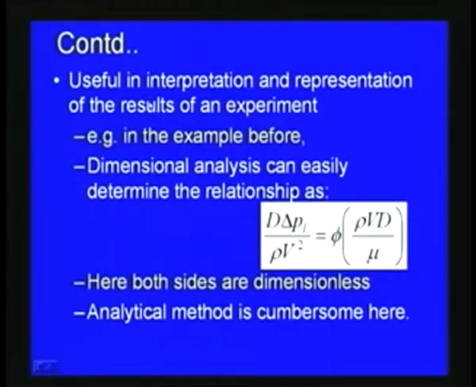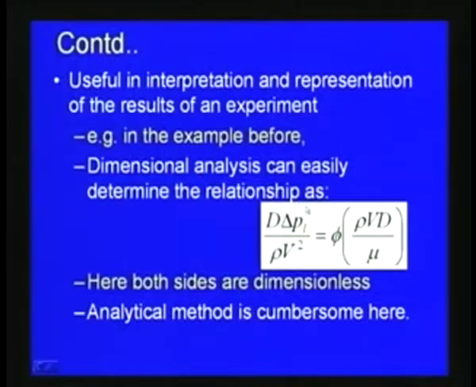Once we have listed the various variables or parameters, dimensional analysis is useful in the interpretation and representation of the results of an experiment. For example, in the previous problem, through dimensional analysis we can show that d delta P by L divided by rho V square is a function of rho V d by mu, where rho V d by mu is the Reynolds number. So this pressure drop depends on these parameters rho V d by mu.